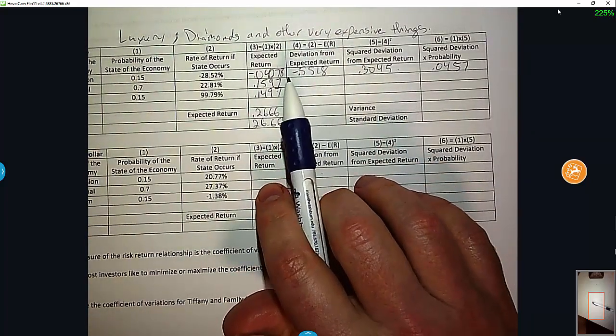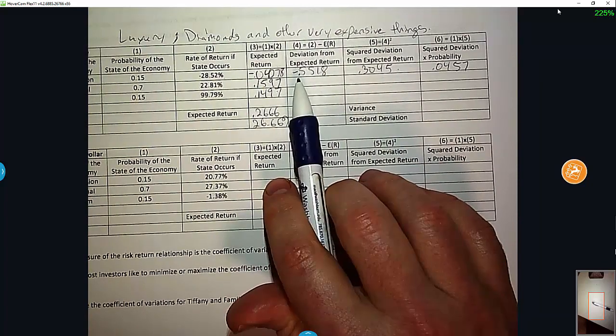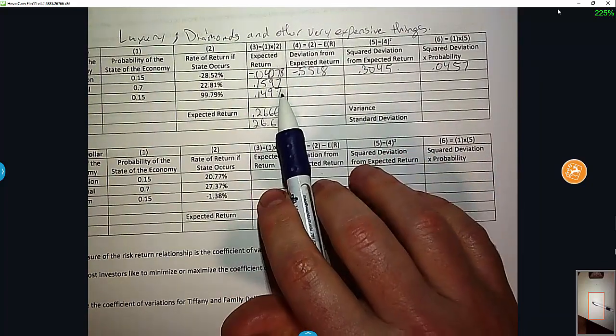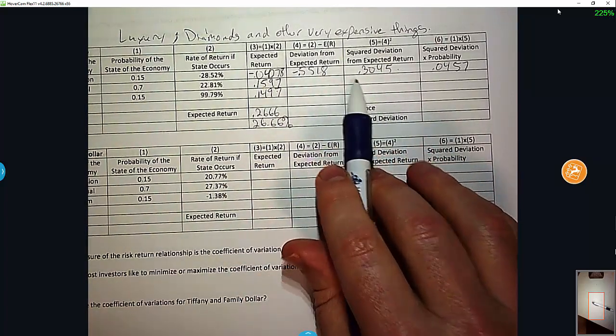It's a fairly large deviation from the expected return. In order to focus on the size of the deviation and not the sign of the deviation, we square it, because squaring a negative number makes it positive. Squaring a positive number keeps it positive, because what we're interested in for the standard deviation is not the direction of the deviation, negative or positive, but actually the size of the deviation.